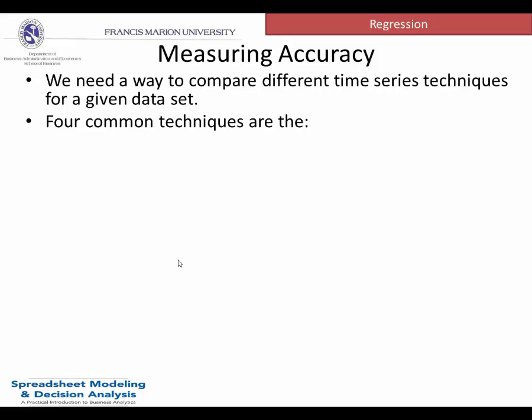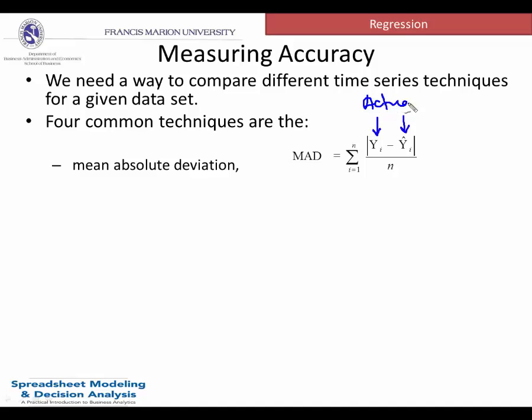Four common techniques which we're going to look at. The first is mean absolute deviation. Here yi is your actual values, y hat i is your forecasted data. We take the difference, and the difference between actual minus forecast gives you error.